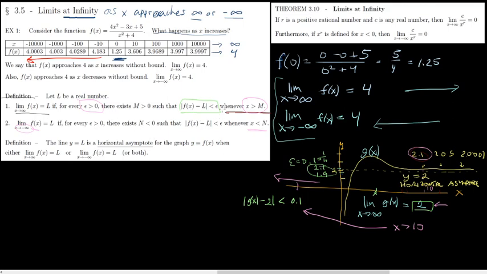And so the point is not to go too deep into this, because I'm not going to ask you questions about epsilons or deltas. But this is the formal definition of what it means to be a limit as x goes to infinity or negative infinity.